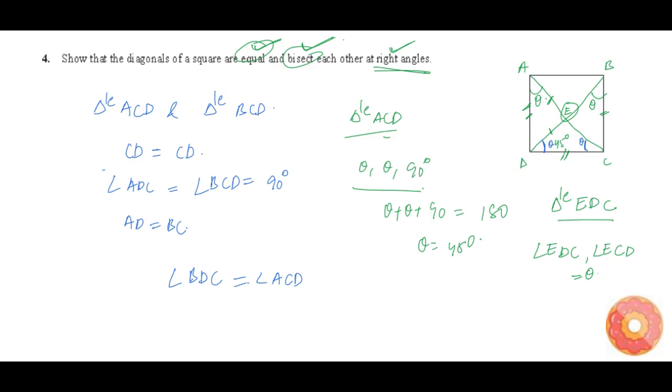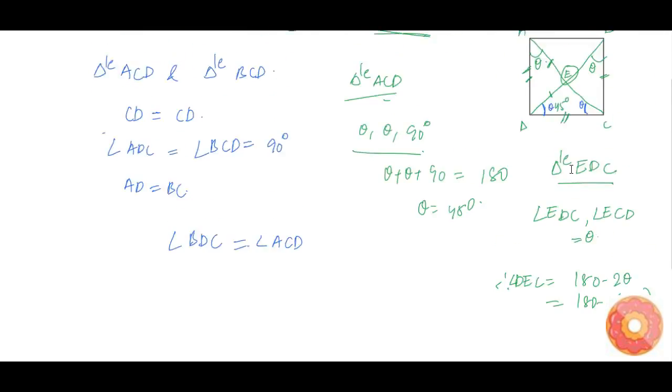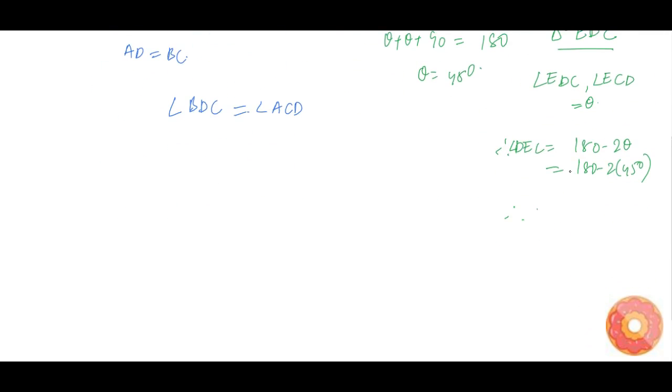Now let us find the other angle. Now angle DEC is equal to 180 minus 2 theta, which is equal to 180 minus 2 into 45 degrees, therefore angle DEC is equal to 90 degrees.